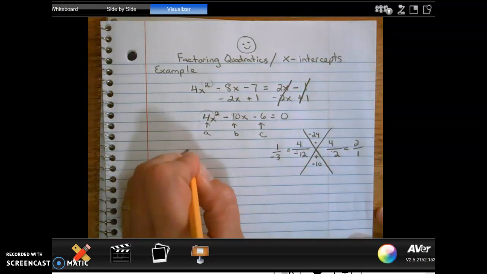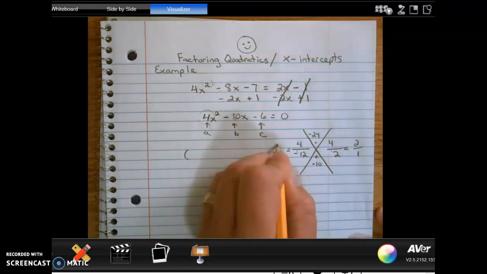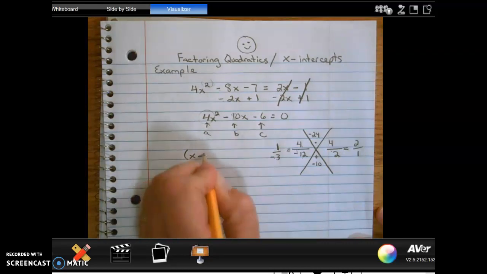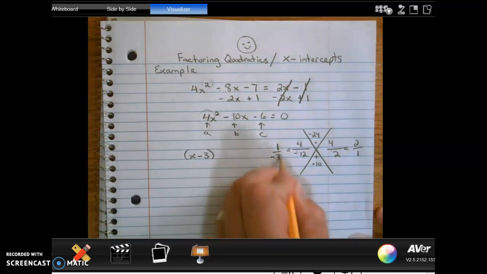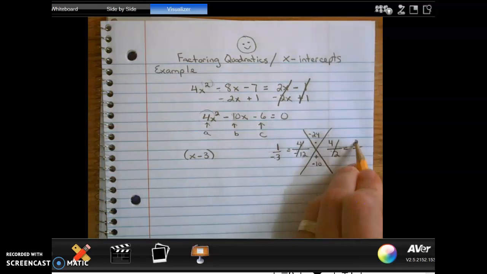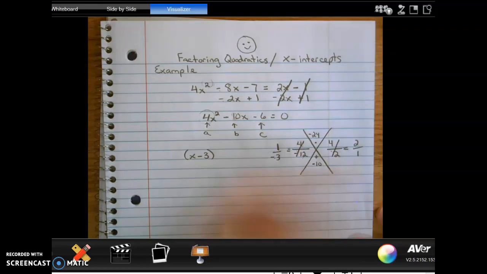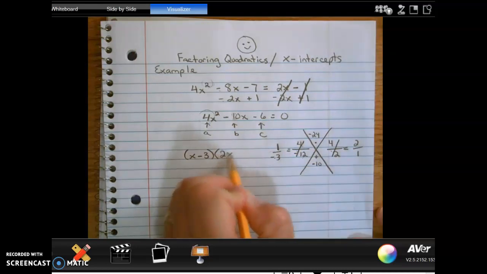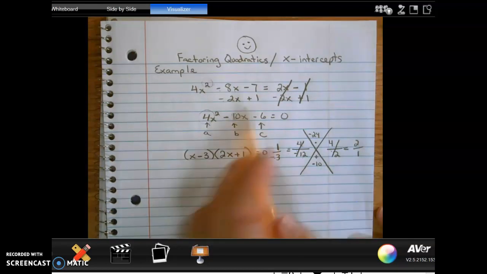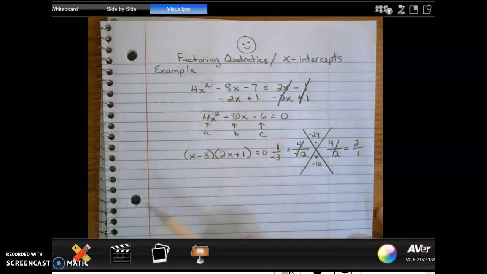So our first factor here is going to be 1x minus 3. Always remember to keep your sign on the bottom. And then, so we're done with those two. So this one's going to be 2x, and this is a positive 1. How's that? We've just factored our quadratic. Remember that? Of course you do.